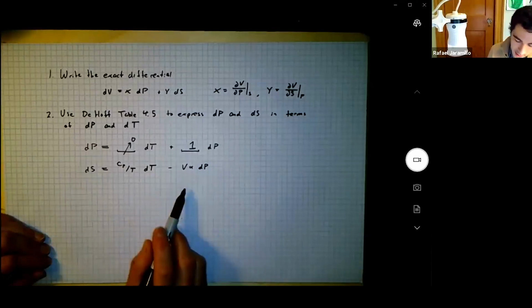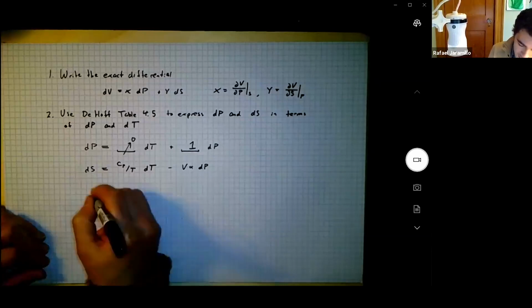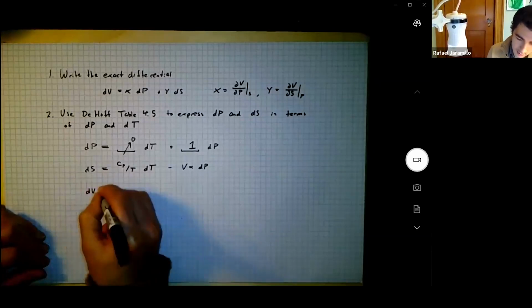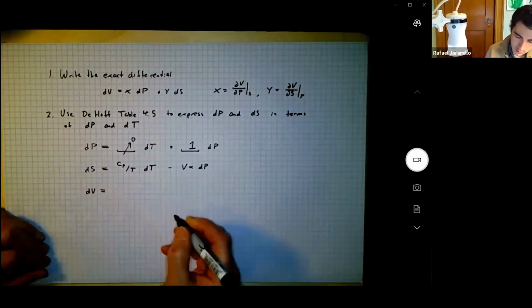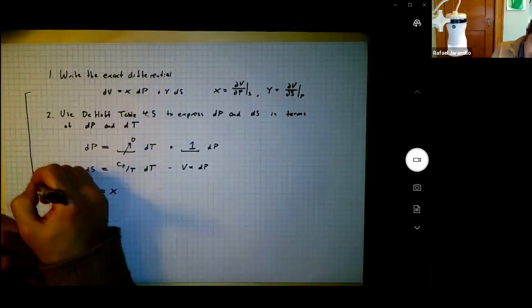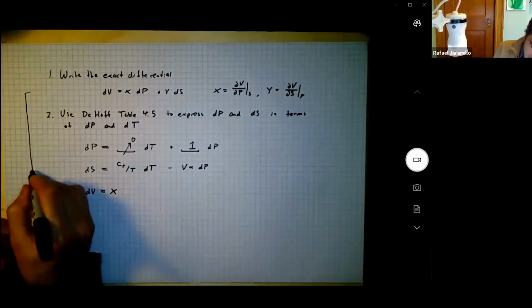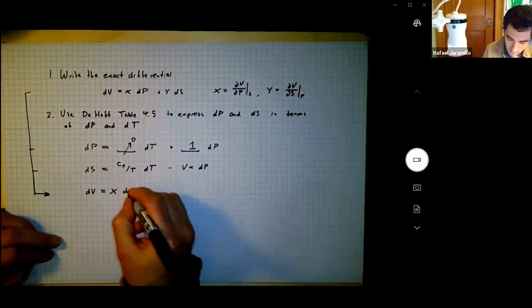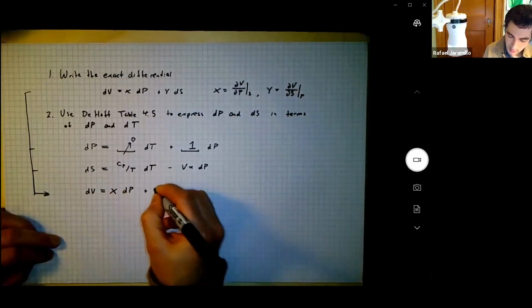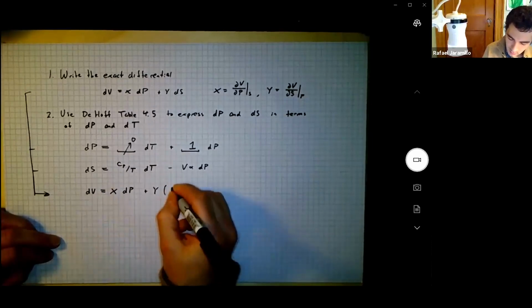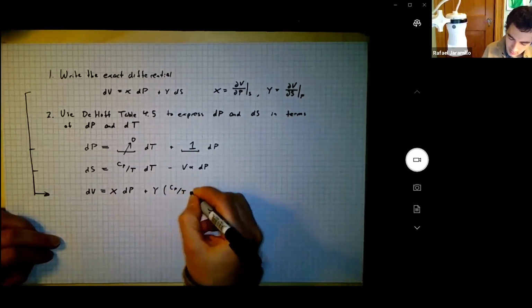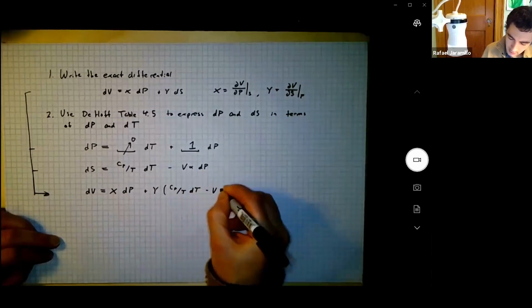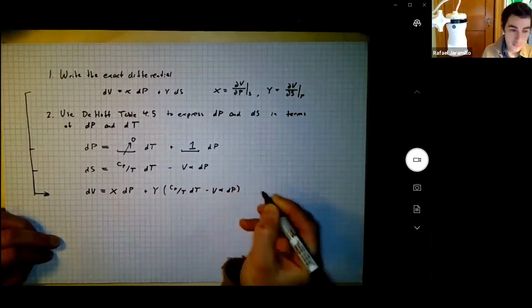Okay, so we're going to combine now, and we get the following. dV equals X dP, right? That's easy. Plus Y. What's dS? dS equals Cp over T dT minus V alpha dP.